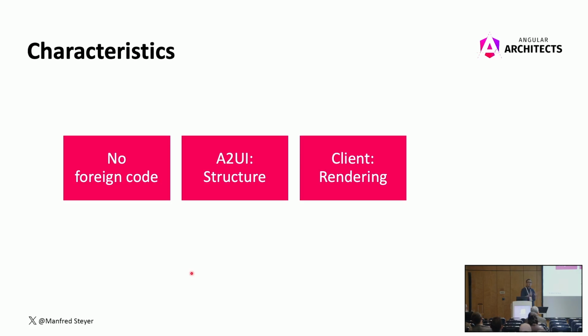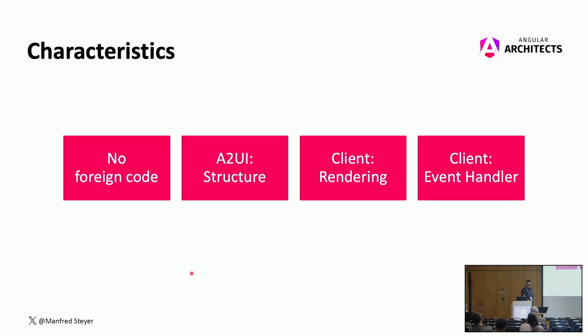It should not feel alien in the middle of your UI. And by the way, you can even define some events this generated UI is emitting, and then your client can act accordingly, doing this, doing that, when there is a check-in event or a search event.